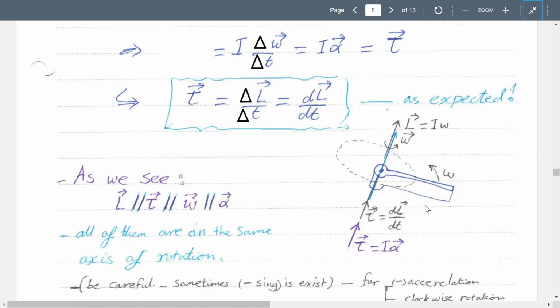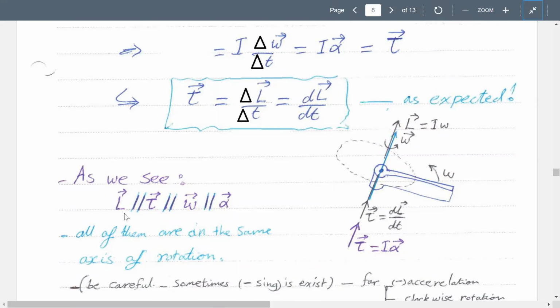We will see that the torque is the change in angular momentum with respect to time. The time has no direction, so the torque has the same direction as the angular momentum. The angular acceleration has the same direction as the torque. So all of these quantities have the same direction.